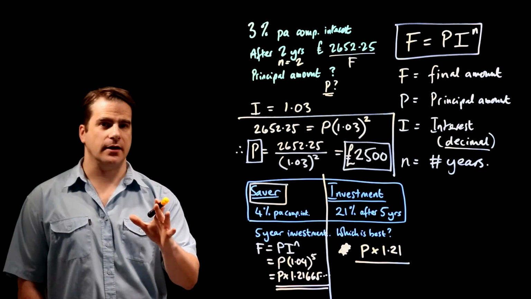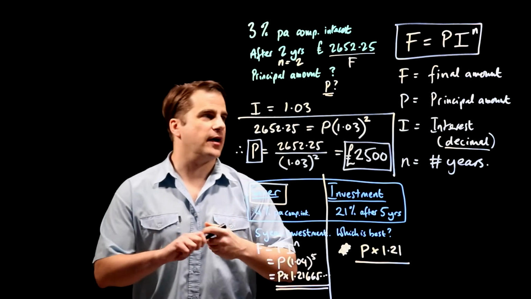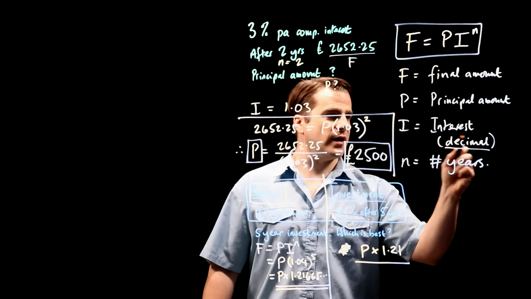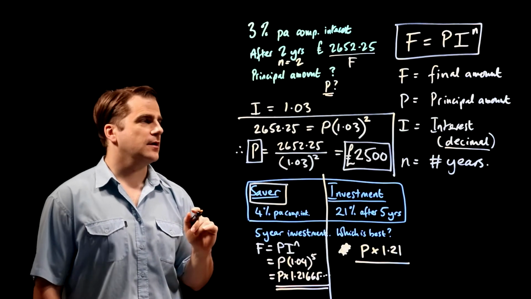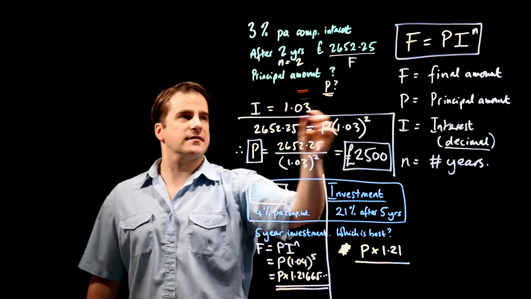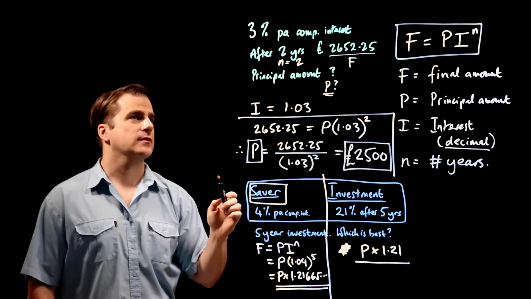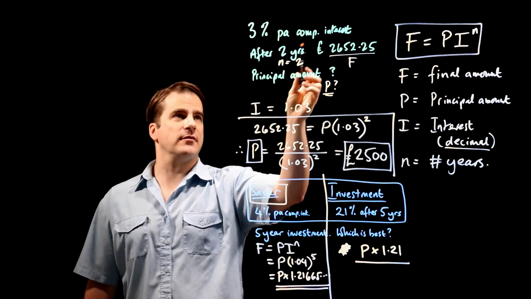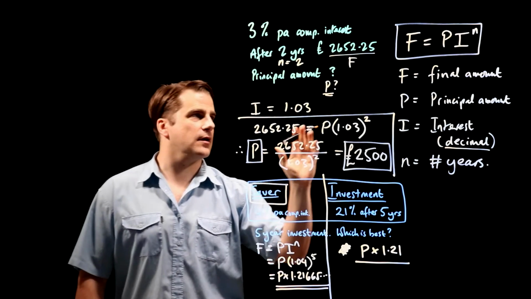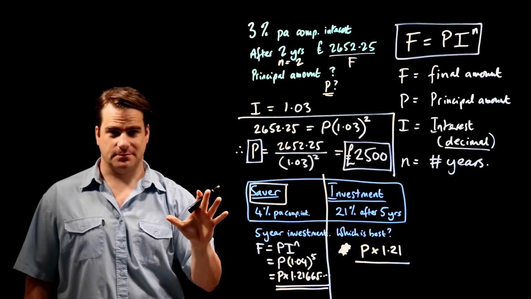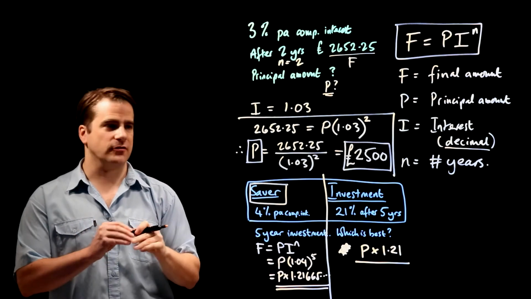Okay, I just want to quickly go over how to express the interest as a decimal, okay? Going back to the original question here, 3% compound interest. I realise maybe I've been confusing you, just want to clear this up.